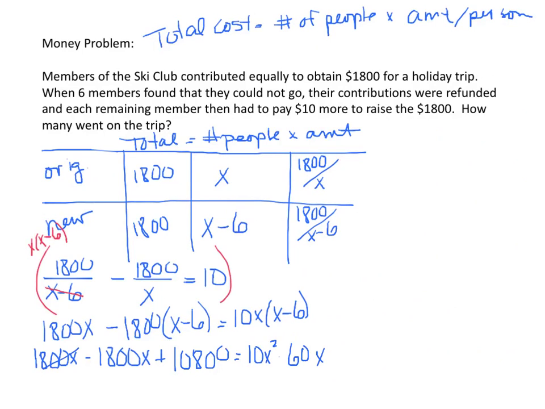You see that these two 1800x's cancel, and then from here I am going to rearrange everything in a way that's easy to see, and I'm going to move way up to the top of the screen here. So that's 10x squared minus 60x minus 10,800 is equal to 0. I can factor a 10 out of each term.